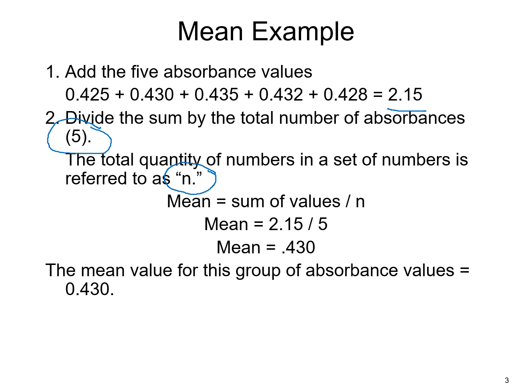So we take the sum of the values, 2.15, divide it by n, and that will give us a mean of 0.43 when we keep those significant figures. And so that means that our mean is 0.430.